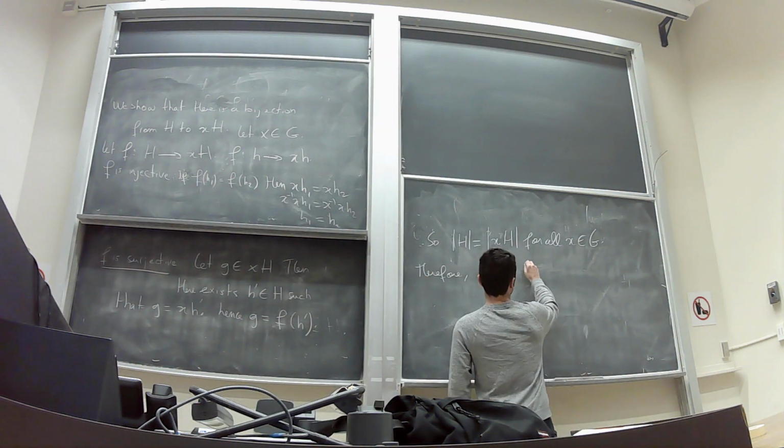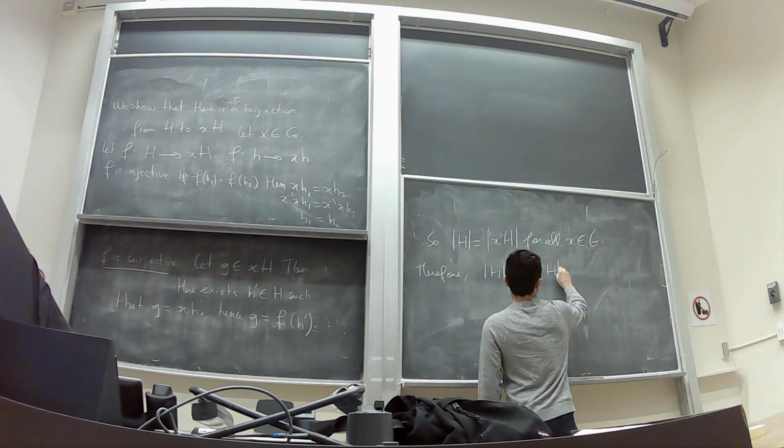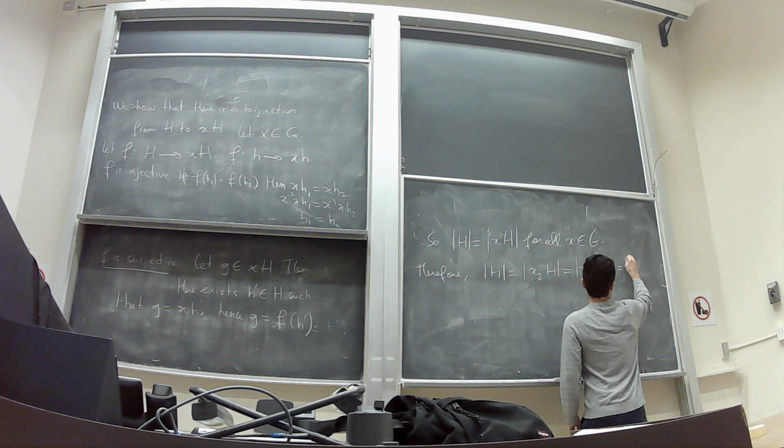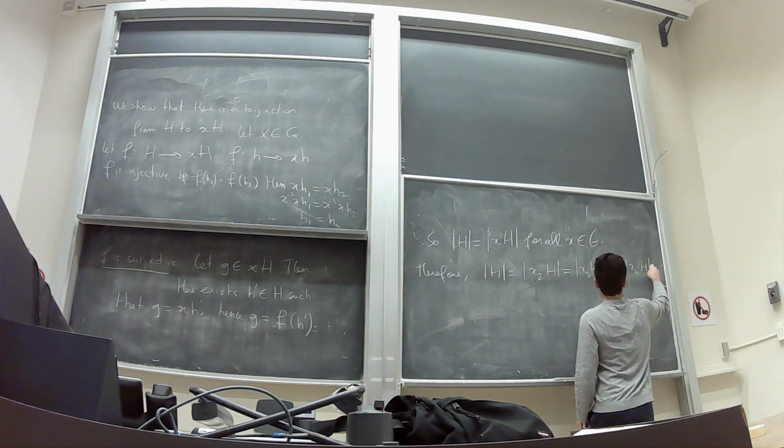Therefore, H has the same number of elements as x2H, as x3H, as xkH.